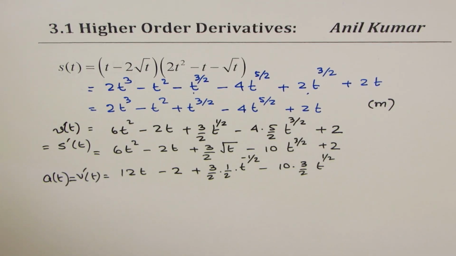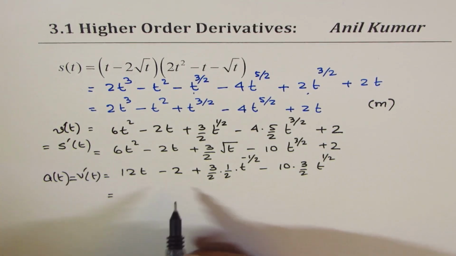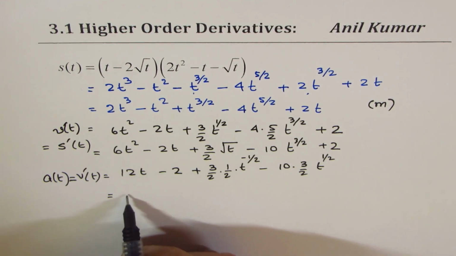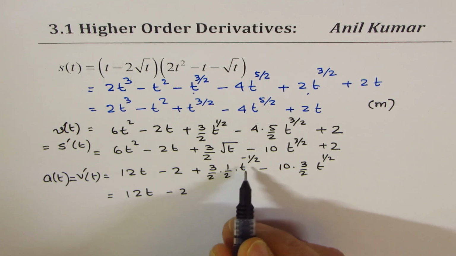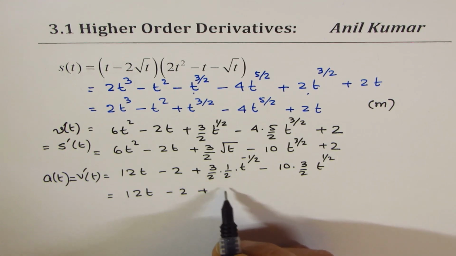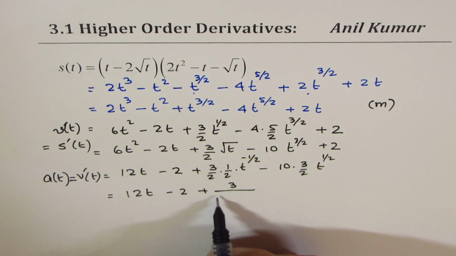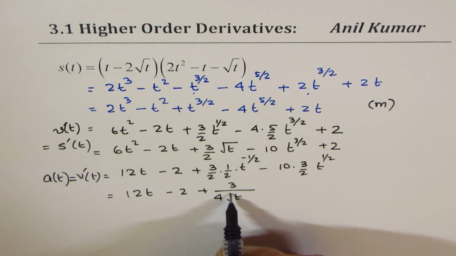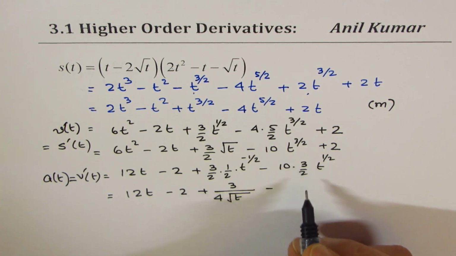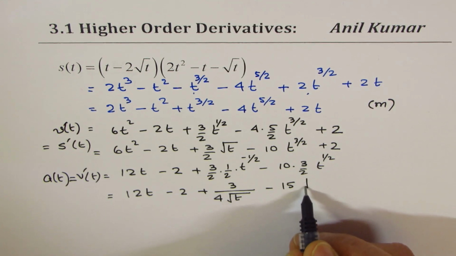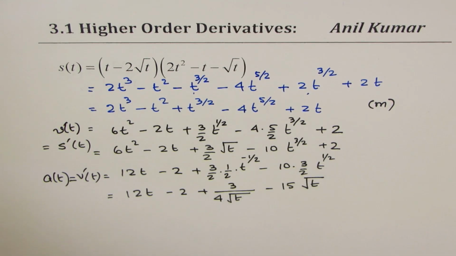Constant derivative is 0. This could be simplified and written as 12t minus 2 plus, that is 3 over 2 times 2 is 4 square root t, minus 5 times 3, 15 square root t, right? So that becomes your final derivative.